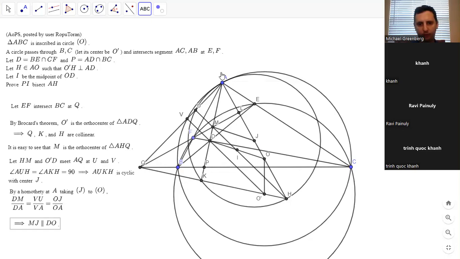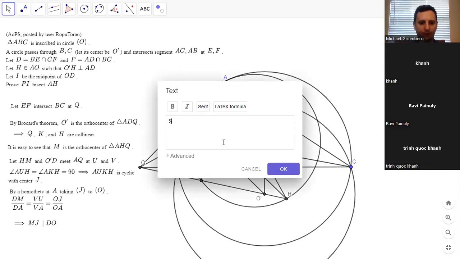We want to show PD over PA times AJ over JO. Oh, but then we use the harmonic conjugation. That's where I kept getting confused. Basically, AD and P are in a harmonic conjugation. That's what I kept forgetting.